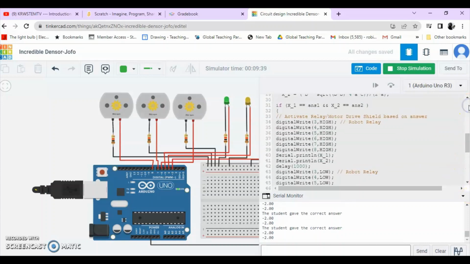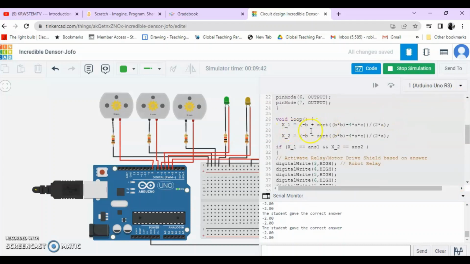So under the if statement, this is the algorithm again. To compute the root x1 and then the value for x2, of course what we're doing here is checking to see if the value computed by the computer is the same as what the student calculated.